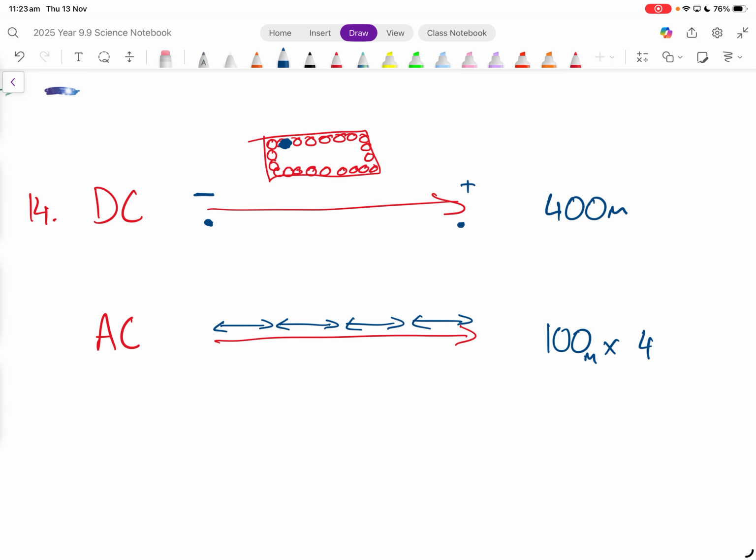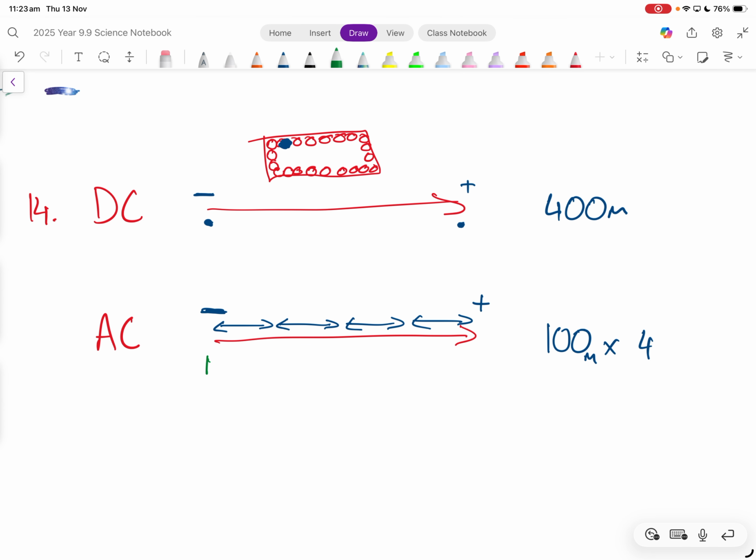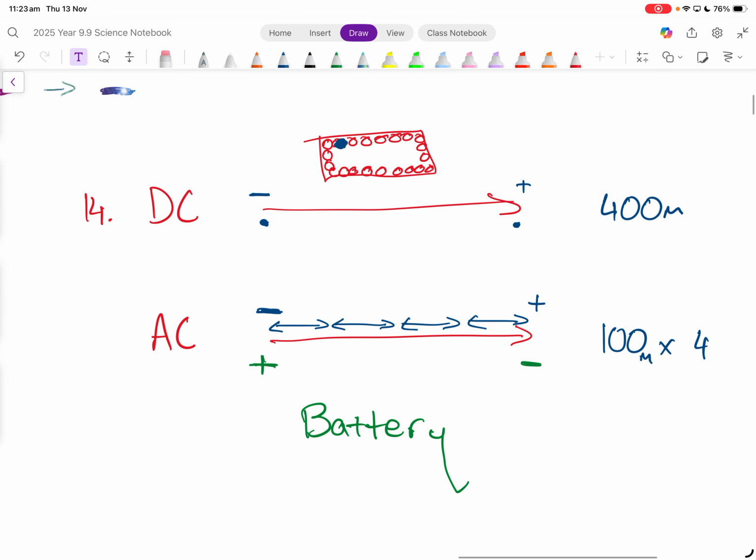How does it work? At some points, it's negative here and positive here. And then if I get a fresh coloured pen, let's go with green, at some points it flips. You're probably wondering, what is doing the flipping here? It is the battery. What the battery, or the voltage source, does is flip its polarity.